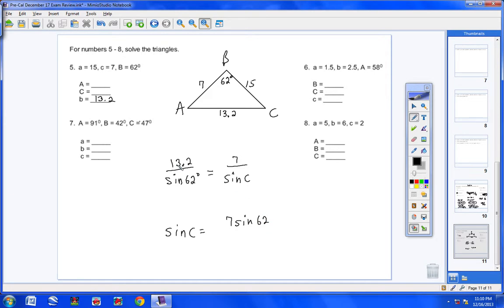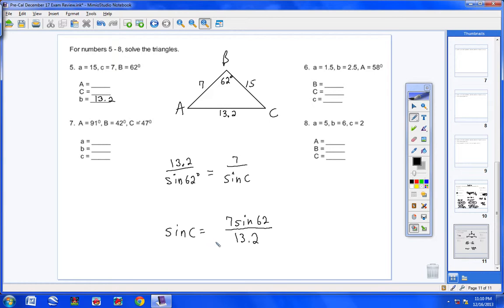Then 13.2 times sine of C, we would have 13.2 right here. Then we would divide both sides by 13.2 to get sine of C by itself. So we bring that over here, and what we have is 7 sine of 62 divided by 13.2.